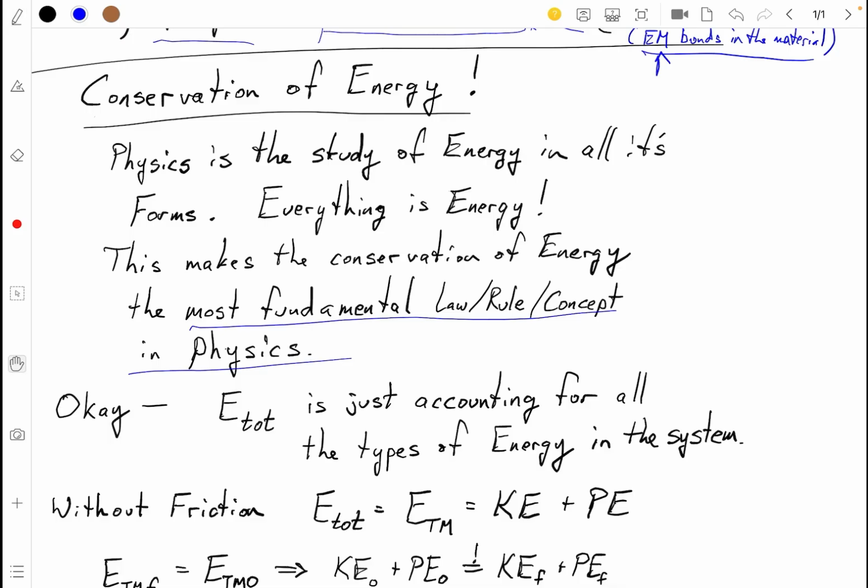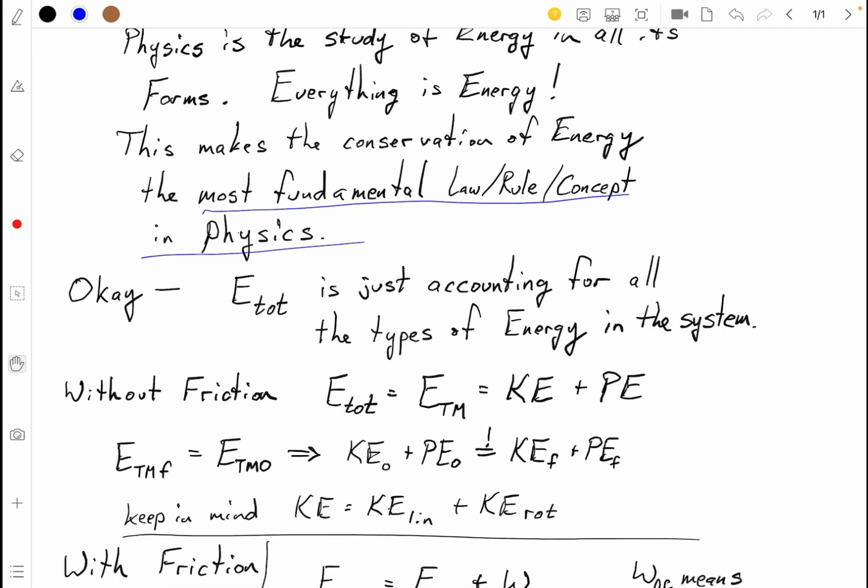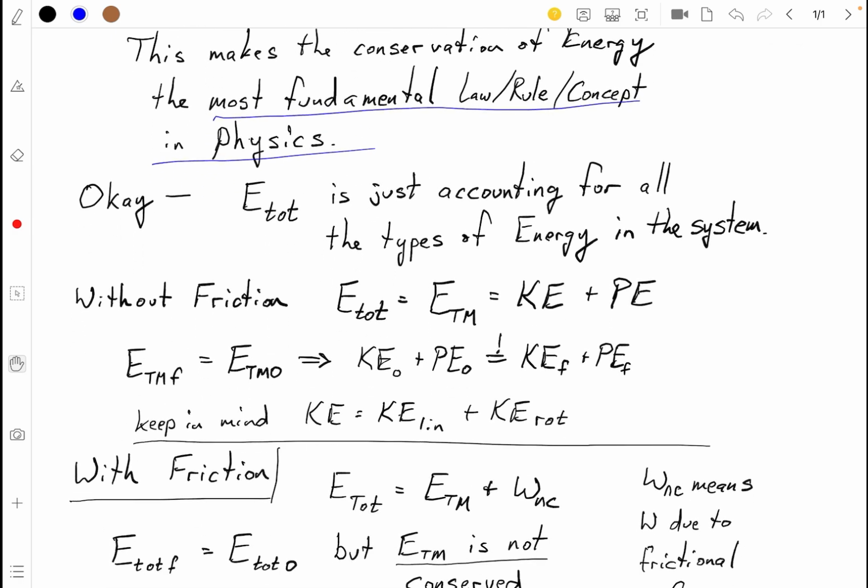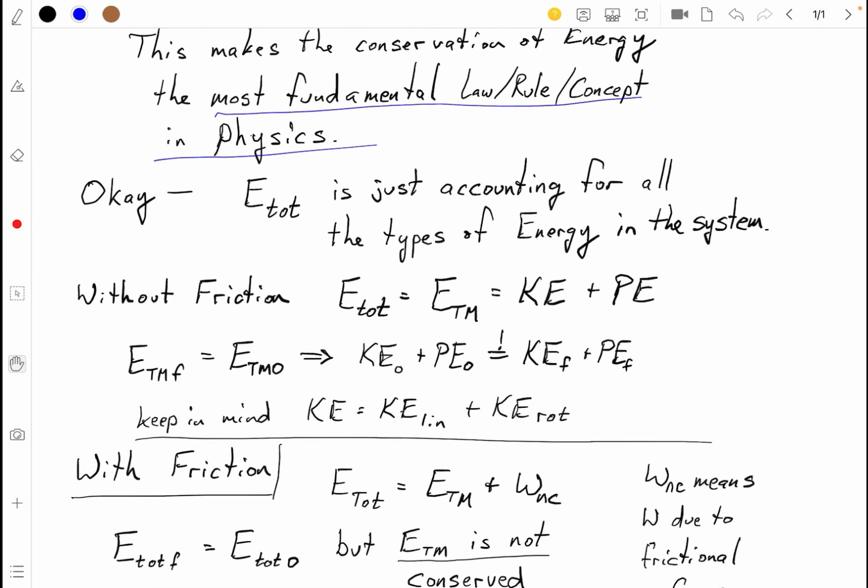Okay, whatever. So you're handling it with accounting, and that's easy. We like that. That's why conservation of energy was a big deal for us, because we could get away from vectors and forces and all that stuff and just do accounting. So this is the easy part. We have an energy total, and if we don't have any friction, our energy total is equal to the total mechanical energy of the system.